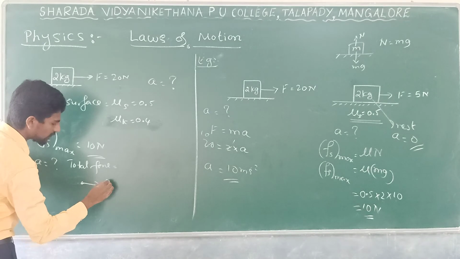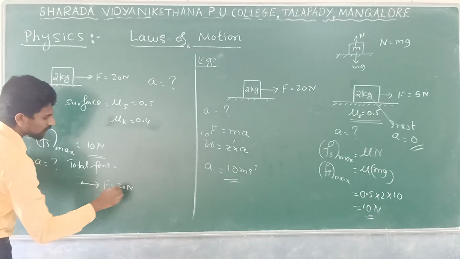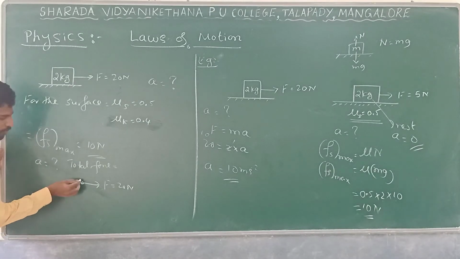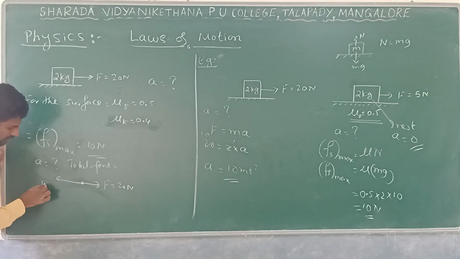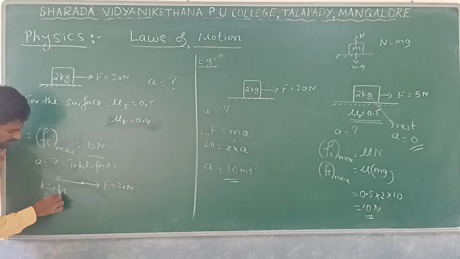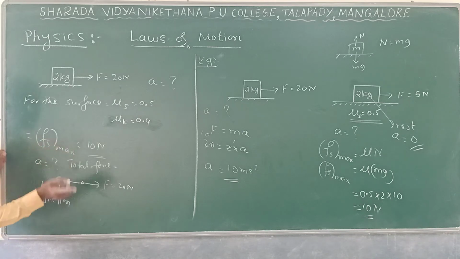In the opposite direction, kinetic friction is there. Why is it moving? Because the applied force is more than the maximum frictional force, that is 10 Newton.